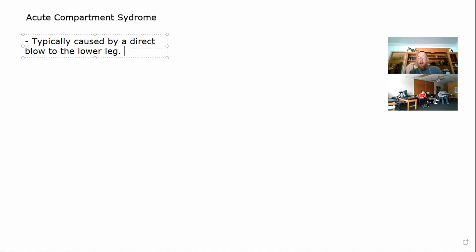Okay, so it's the deep peroneal nerve. Remember, that lives right in that first web space. So when you go down and check sensation in that first web space, that's all deep peroneal nerve.